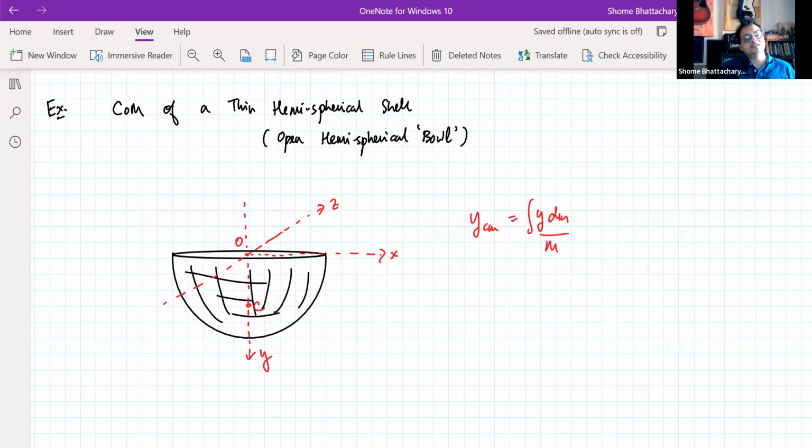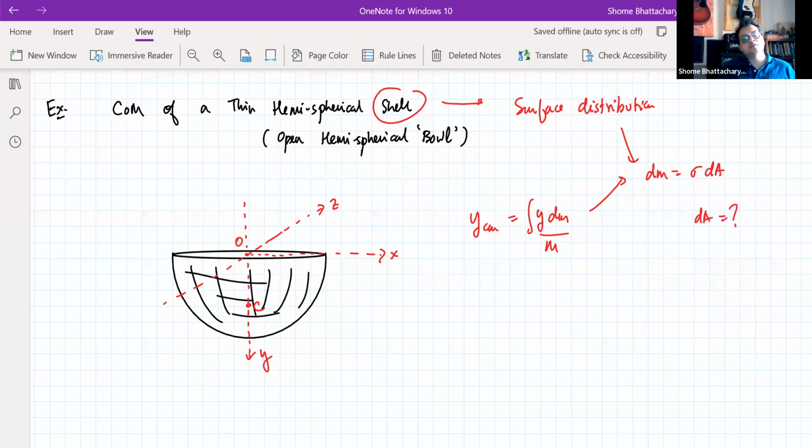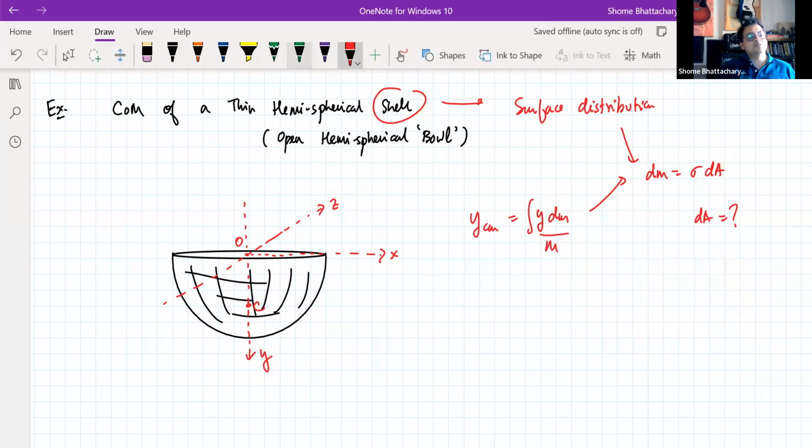But again, you can see that this shell is a surface distribution. Hence, we should take dm, because it's a surface distribution, as sigma dA. Okay. But the question is, what should the dA be over here? What kind of surface element should we take? So how can we slice this? Rings.